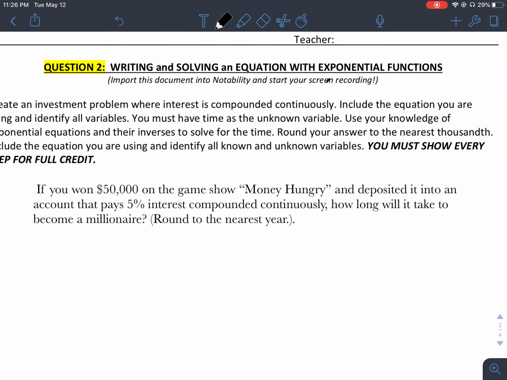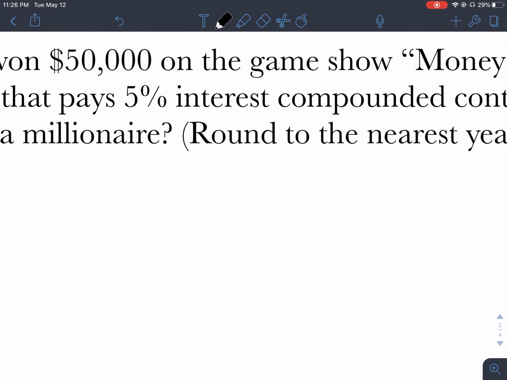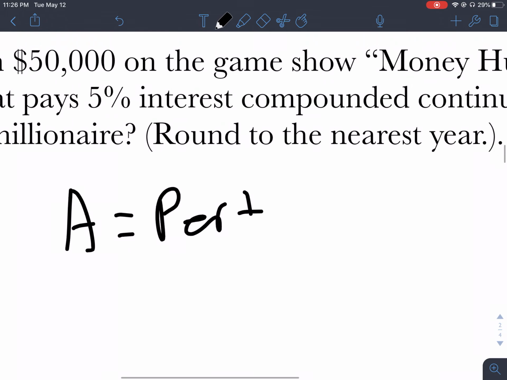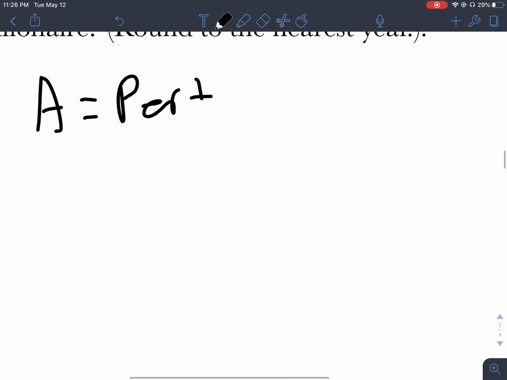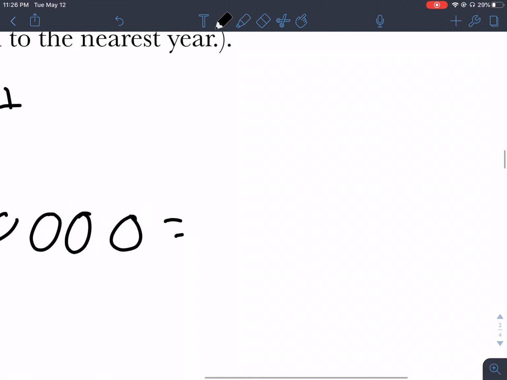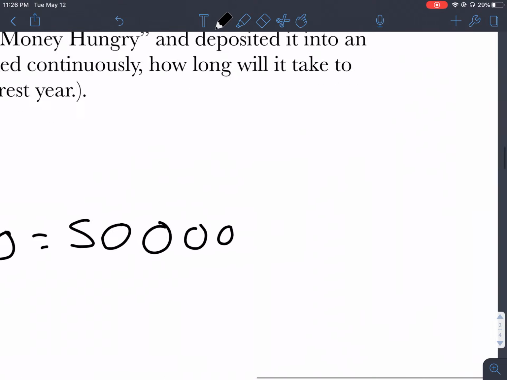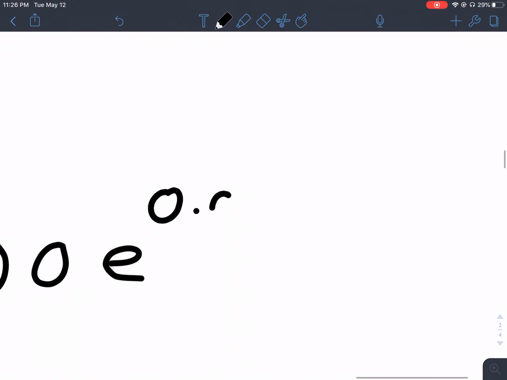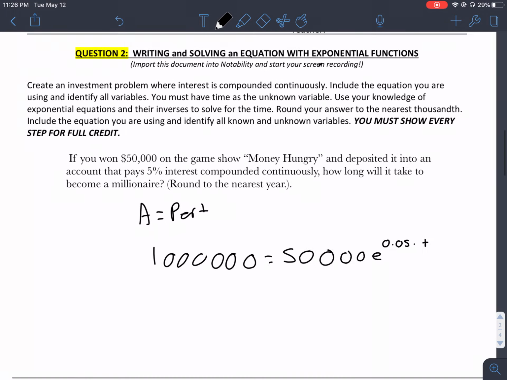So since it's compounding continuously, the formula we're going to use is A equals Pert. Okay, so the amount, the A is a million. Okay, and then the principal equals 50,000, and then e, and then the rate is 5%, so 0.05 times t for the time.